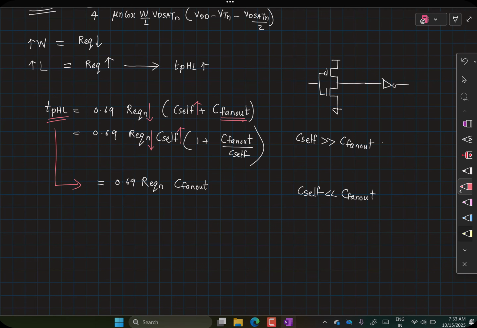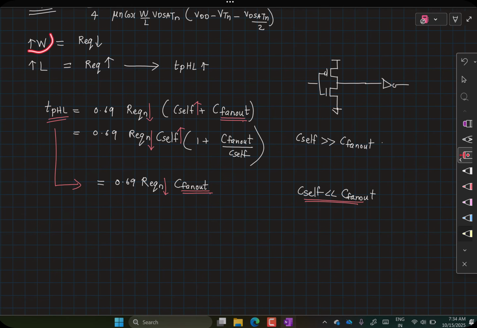Now, under these conditions, as you increase your width, the R equivalent N will reduce and your C fan out is remaining constant. So now if your C self is much smaller than C fan out, then you will see that there is a reduction in TPHL as you keep increasing the width. Alright, so that is something you have to keep in mind.